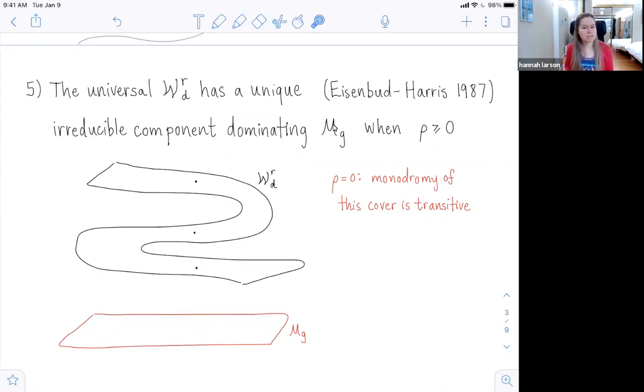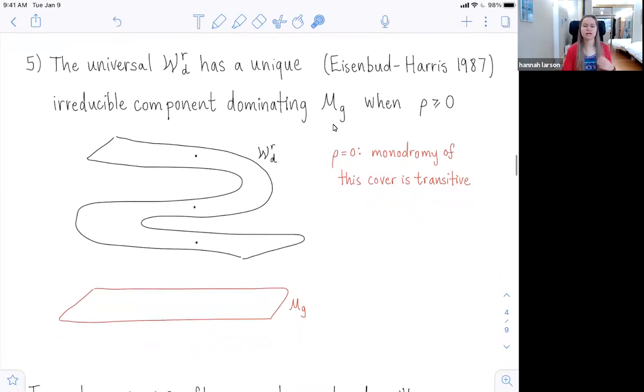When rho is positive, this already follows from the irreducibility in part 4. So the interesting case is when rho equals 0. And here we have a generically finite cover of M_g, and we're saying that the monodromy of this cover is transitive. So that's the picture when C is a general curve.